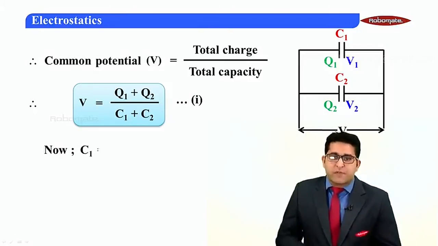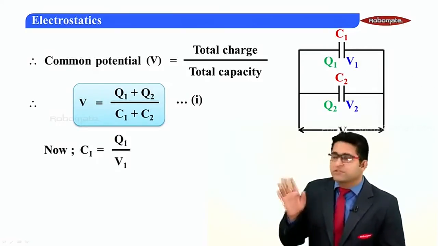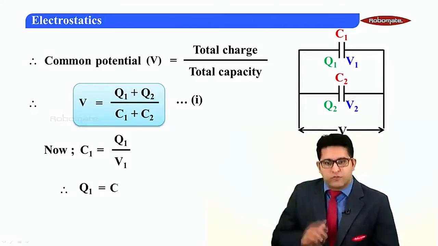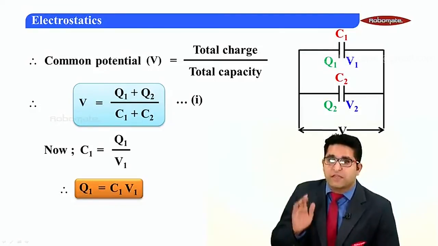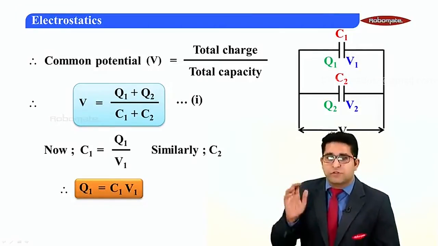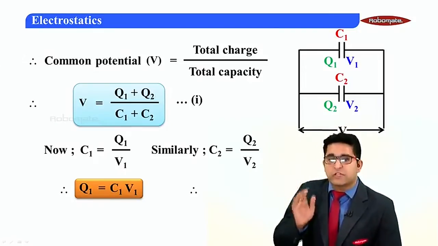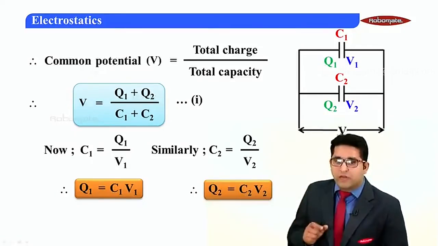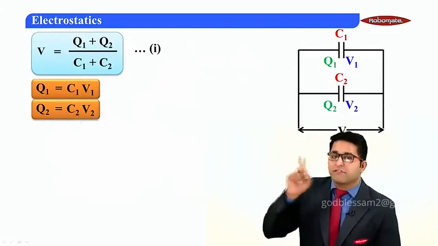Now for the first capacitor, I can write C1 equals Q1 upon V1, so Q1 equals C1 into V1. In the similar sense, C2 equals Q2 upon V2, so Q2 equals C2 into V2. Now I'll place the values of Q1 and Q2 in equation number 1.